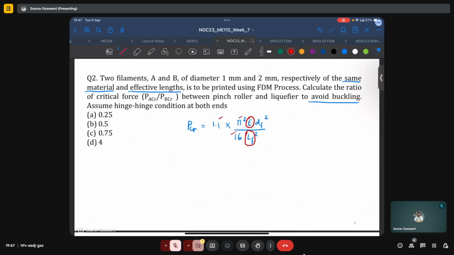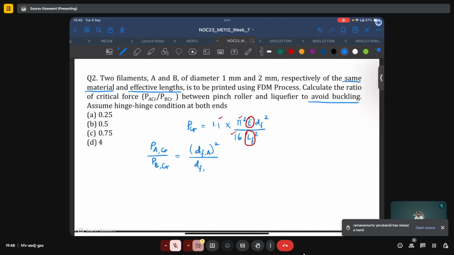So the only quantity which will differ across the two cases will be DF square. And so for finding this ratio of PA critical to PB critical, this will simply be the ratio of the diameter of A squared to the diameter of filament B squared.